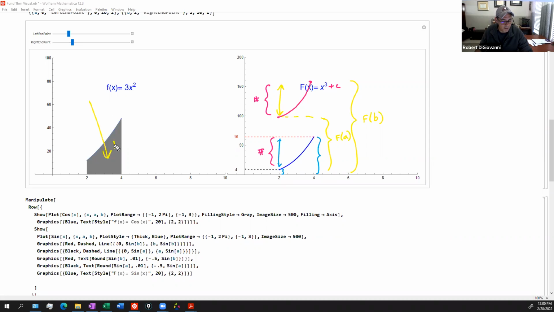The area of this is equal to the difference of the y coordinates on the antiderivative. Don't think about areas over here. We're not talking about areas. We're talking about difference of heights of points, not areas all the way down to the x-axis.